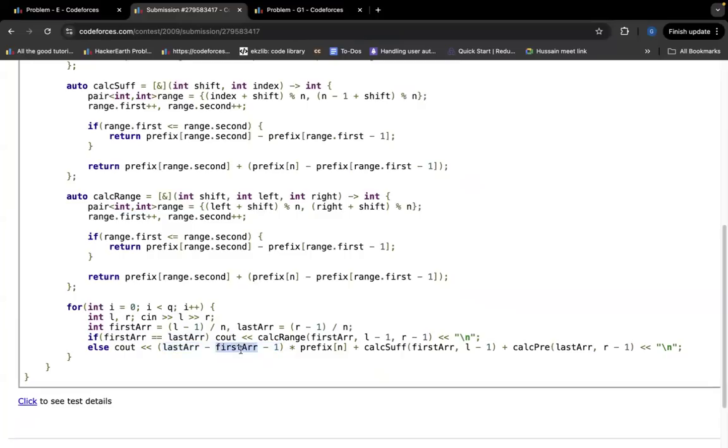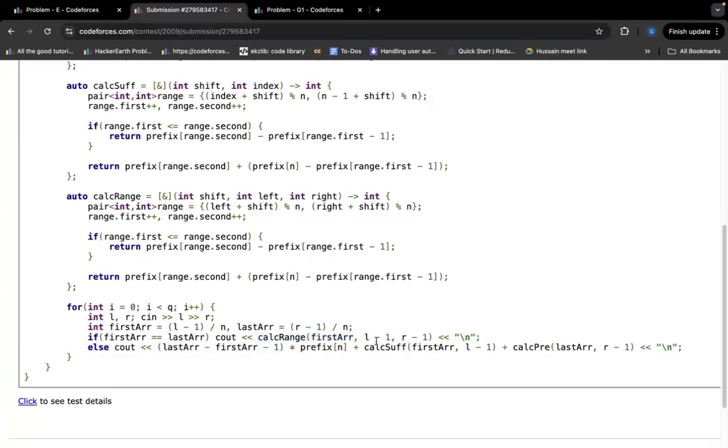Because this is equal to this, so it will give me 0 and this will give me minus 1. Yes or no, guys? Tell me. Yes. So I don't want that. So when the first array is equal to the last array, I just call the calc range function with L minus 1 modulo n and R minus 1 modulo n.